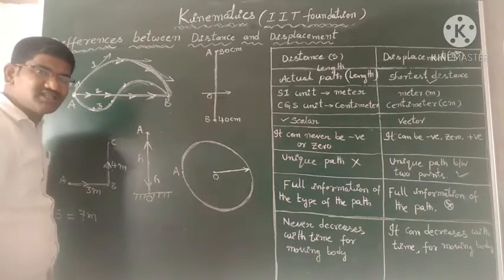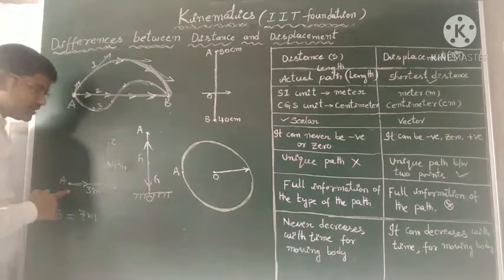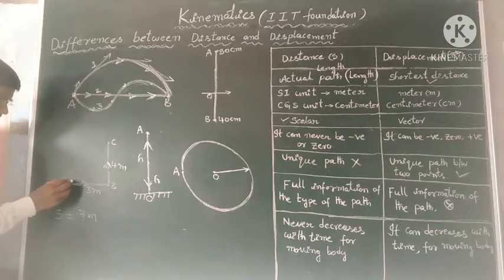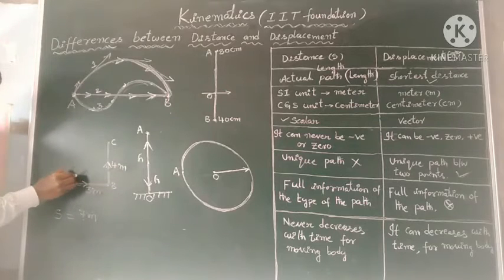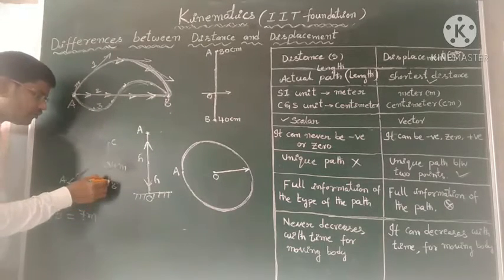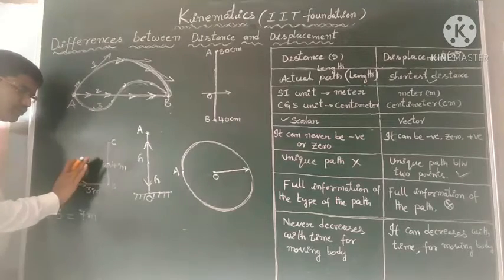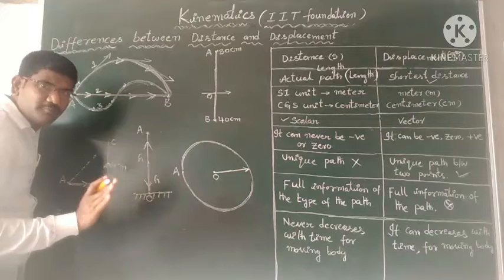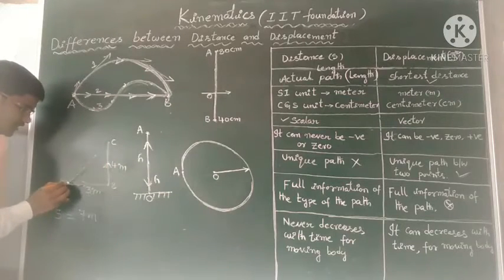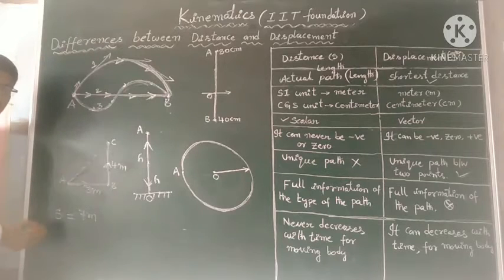But if we ask the displacement in this situation, it is the line joining the initial point to the final point. Irrespective of the path followed by the body, we don't bother about the path followed, simply we join from initial point to final point.